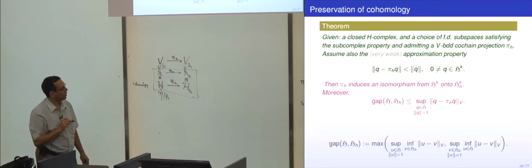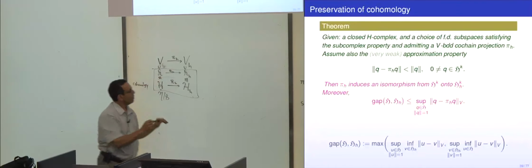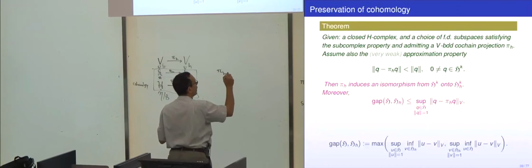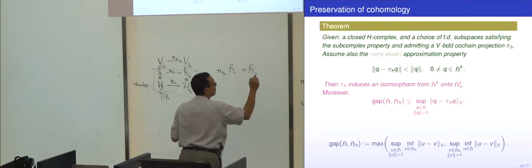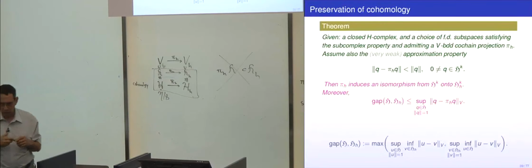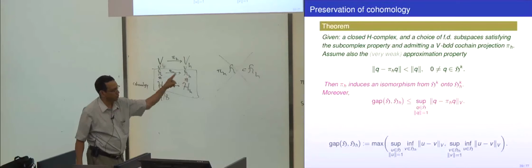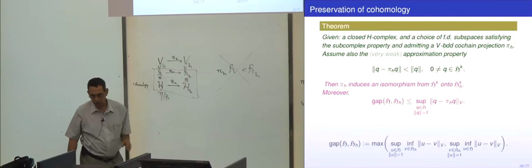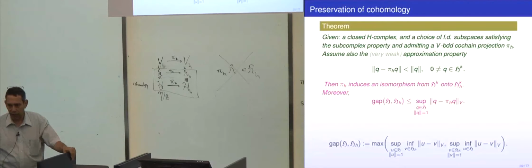But I make no claim, and it's not true, that this induced map is a restriction of this map. It's not true that pi h of a harmonic function is a harmonic function. Pi h induces a map from harmonic functions to discrete harmonic functions by this. But it doesn't just simply map the subspace, which would be asking an awful lot of pi h. Okay?